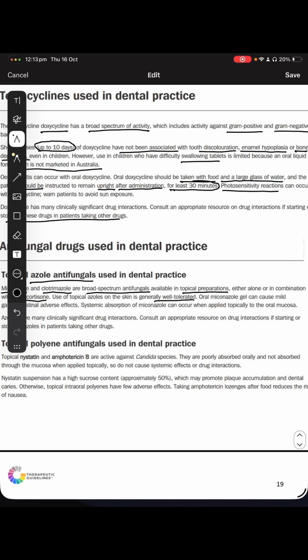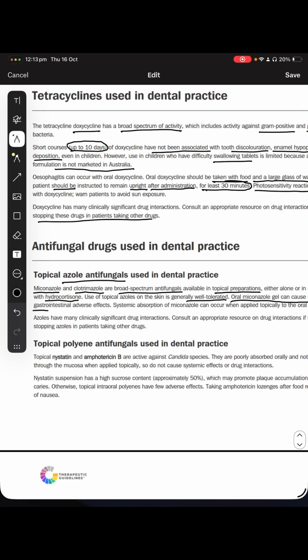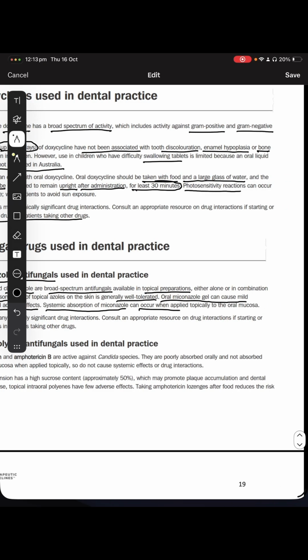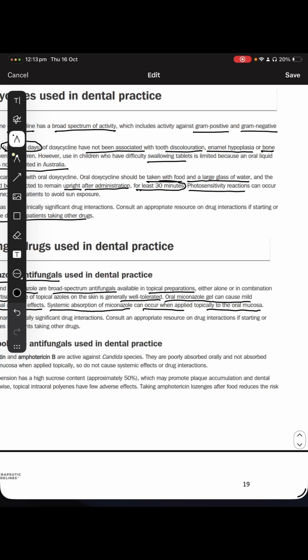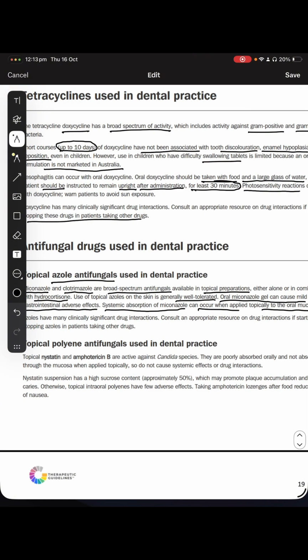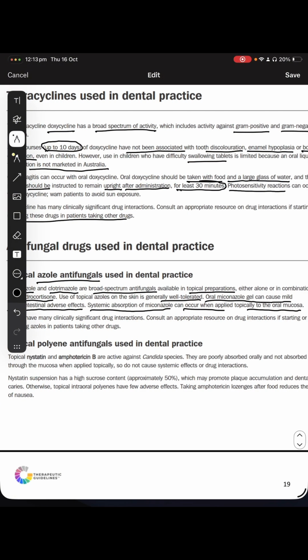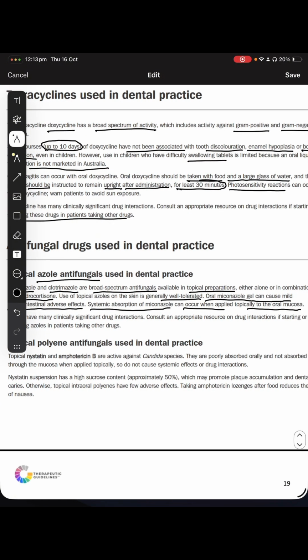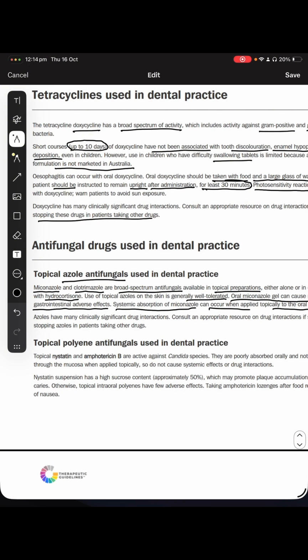Now, oral miconazole gel can cause mild gastrointestinal adverse effects. Systemic absorption of miconazole can occur when applied topically to the oral mucosa, so it can get absorbed systemically and cause gastrointestinal problems.